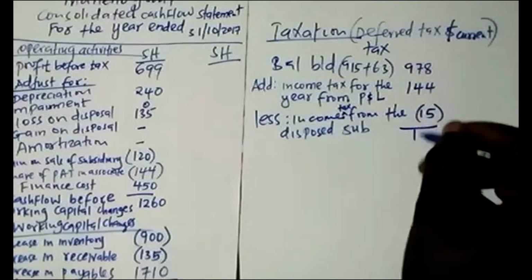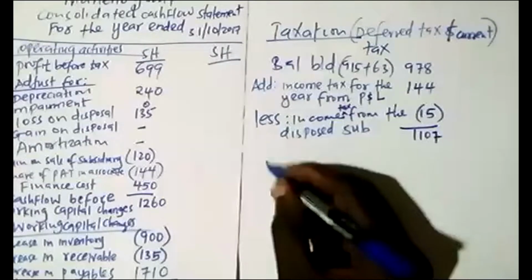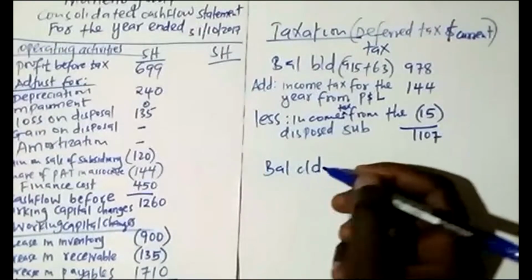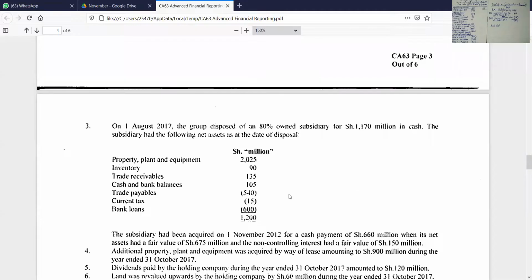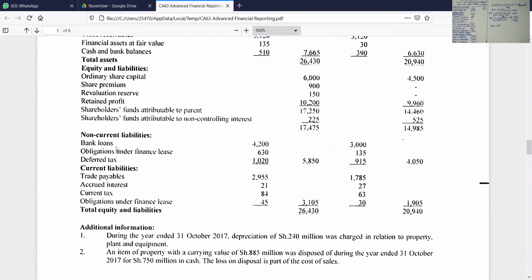So this is 1107. Then we consider the balance carried down, which is again for both the deferred tax and the current tax. For deferred tax, I can see here we have 1020 under non-current liabilities. Then we have the 84 under current.